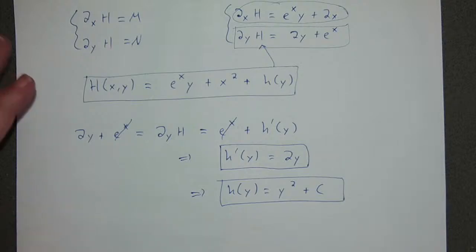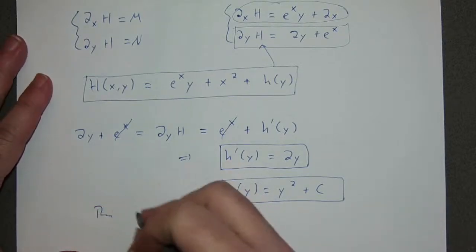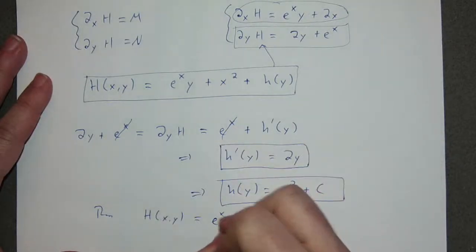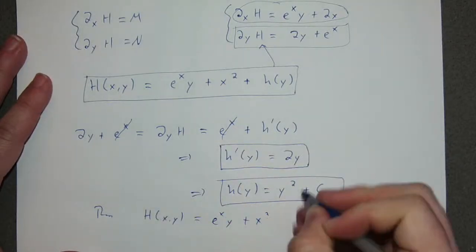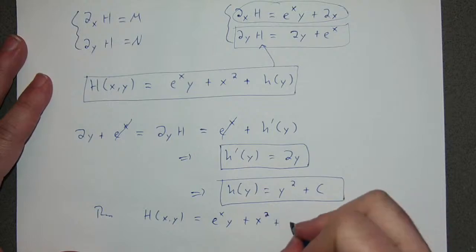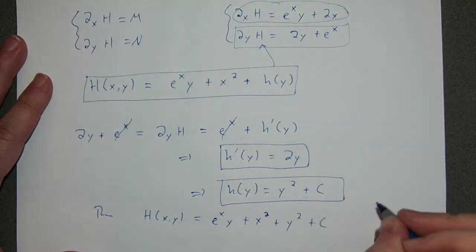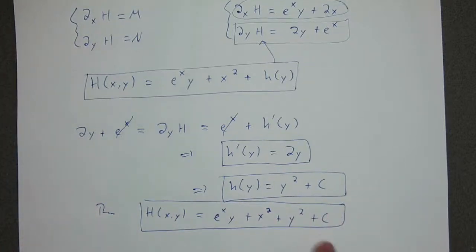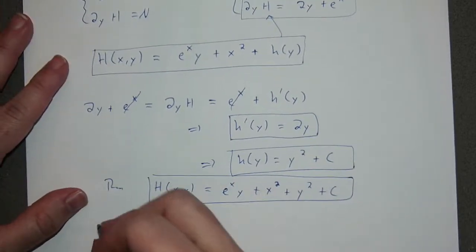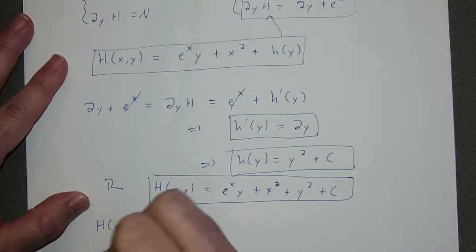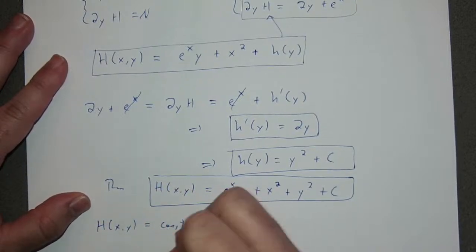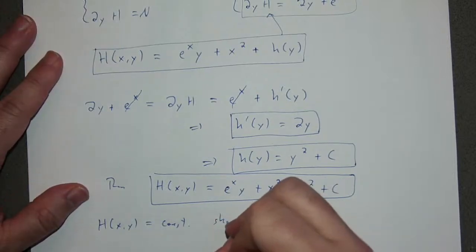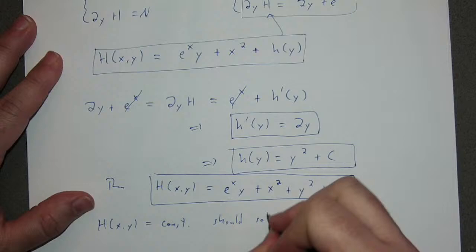Well, then h of x, y is e to the xy plus x squared plus y squared, plus c if you like. So I'm going to absorb the c with the other side c. So then h of x, y equals constant should do it. This should solve my differential equation.